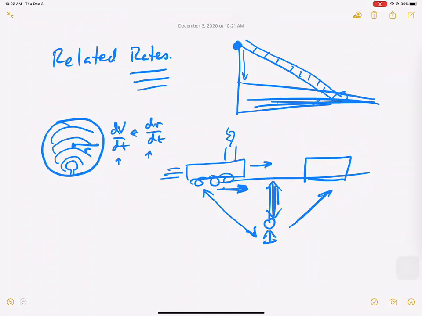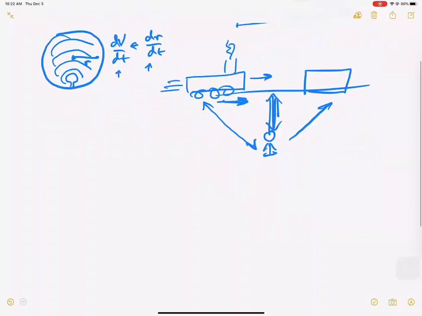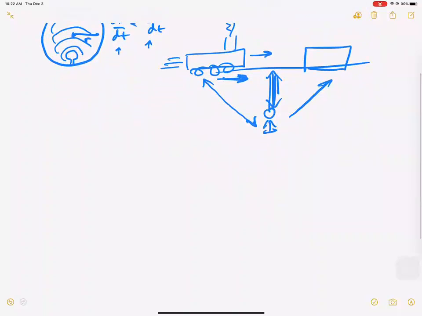One of the hardest parts about this is just taking the derivative, so let's start off with some tools. If I give you x squared plus y squared is equal to c squared, let's say this is my starting value.